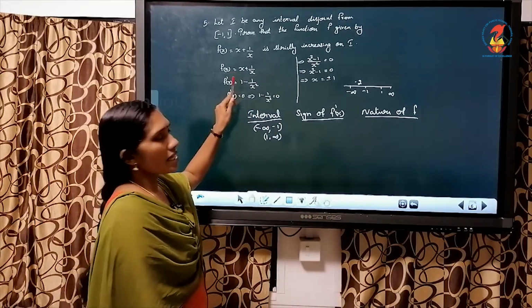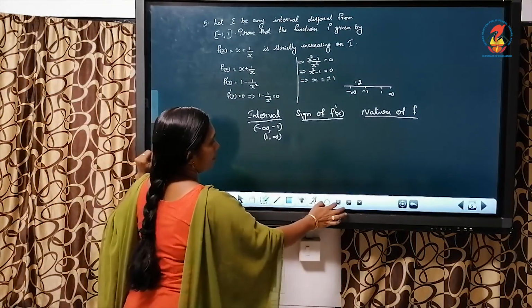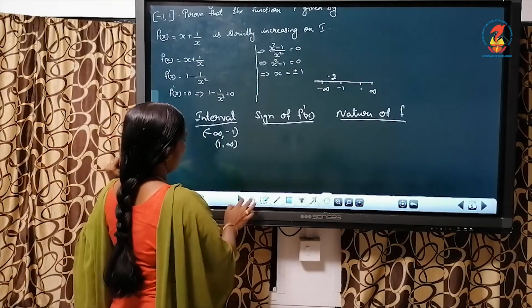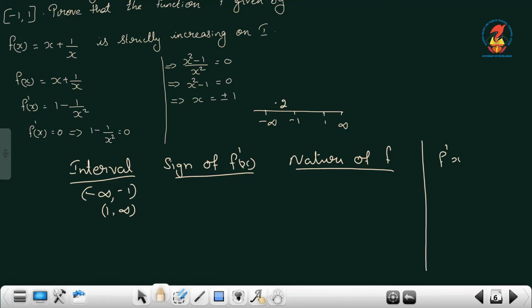This f dash x is the same as x square minus 1 by x square. So if x is equal to minus 2, what about f dash x? Minus 2 square is 4, 4 minus 1 is positive, positive by positive is positive.